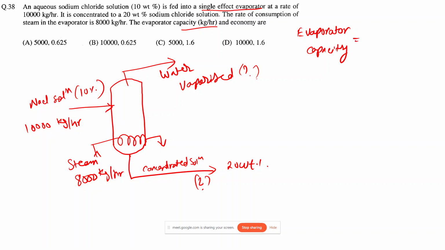So evaporator capacity is the amount of steam that is produced. That is the amount of water that is vaporized in kg per hour. And then steam economy, we define it as water vaporized, that is evaporator capacity, upon steam that has been consumed to evaporate this solution, that is steam that has been fed to concentrate this solution.